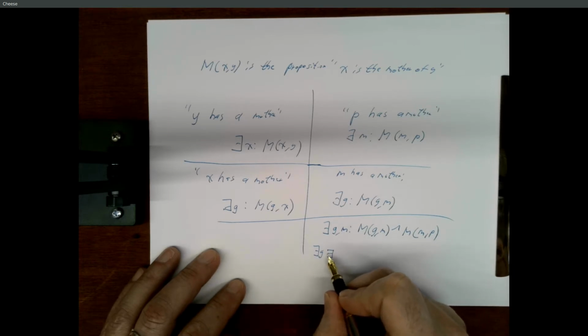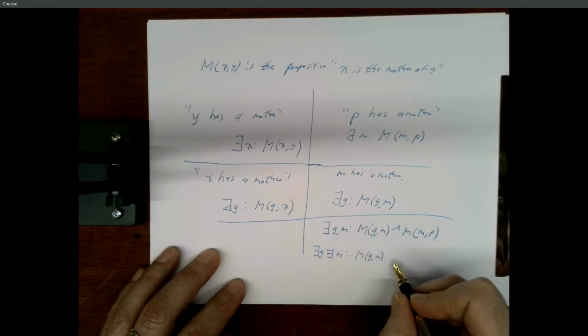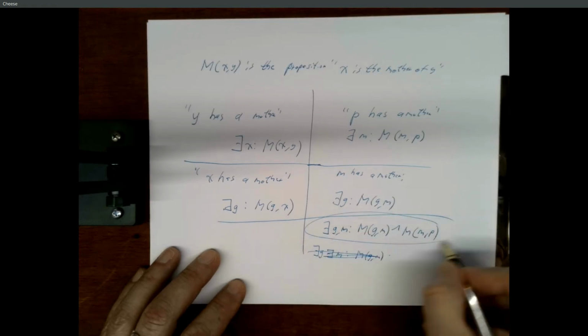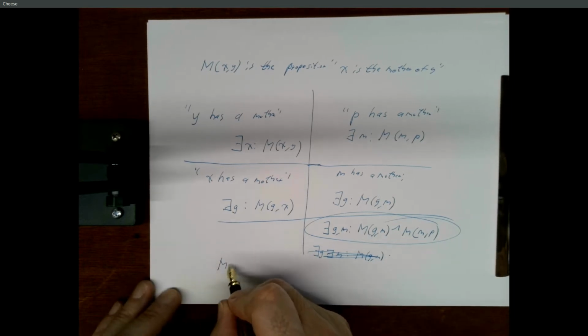There exists a G such that there exists an M such that G is the mother of M. Yeah, I'll just write it as a conjunction. Yeah. M of, and a big M in here.